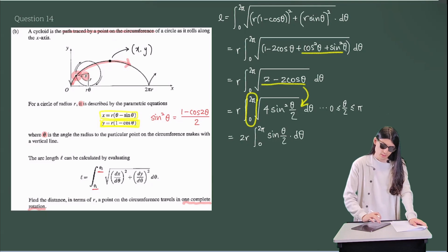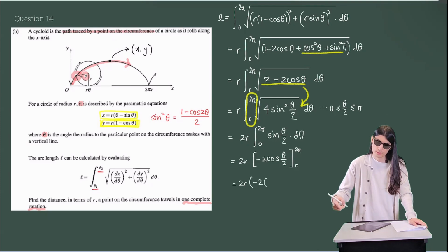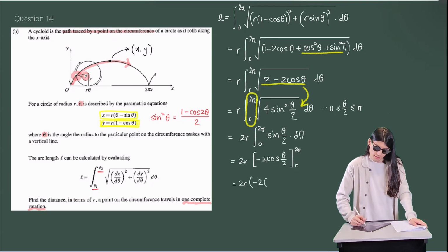And then simple calculations follow after this. Our primitive of sine is negative cosine, upper minus under. So cosine 2 pi on 2, cosine pi, is negative 1. Cosine 0 is 1.